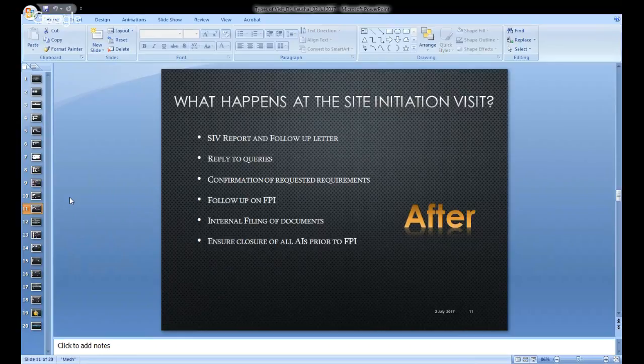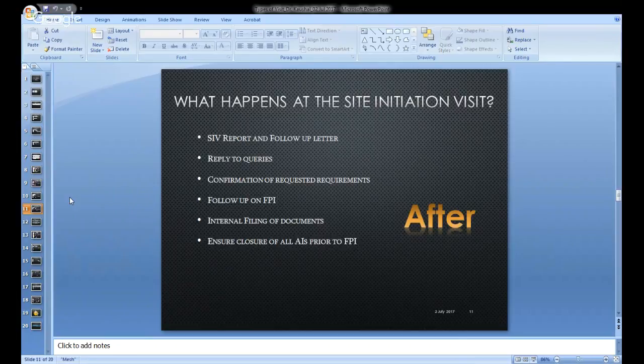Reply to the queries. There might be a situation where a CRA or a monitor who is visiting the site is not a medical person. He is a basic research scientist or maybe a qualified research professional. So any questions coming up from the site with regards to therapeutic area or any medical specific question might not be answered by him or her.